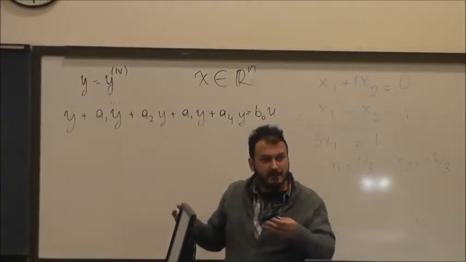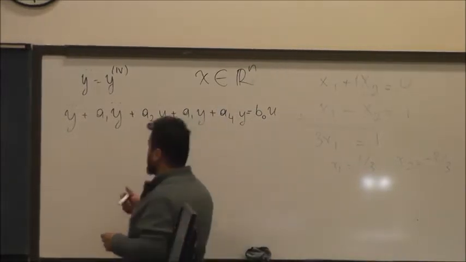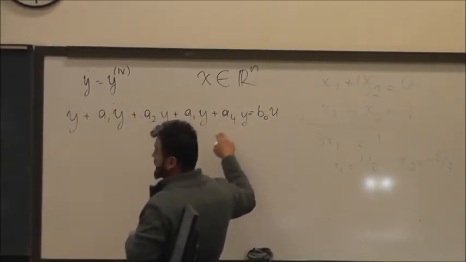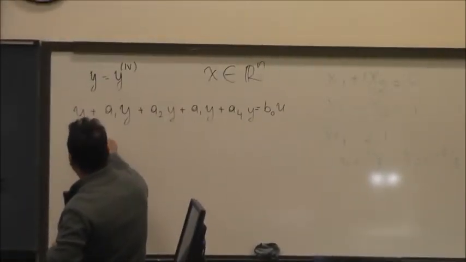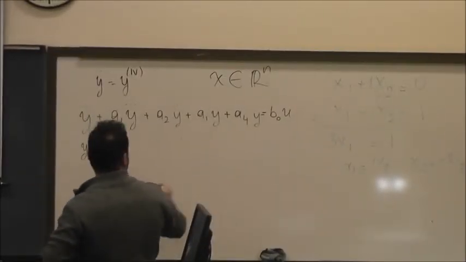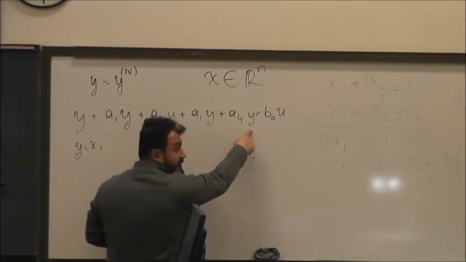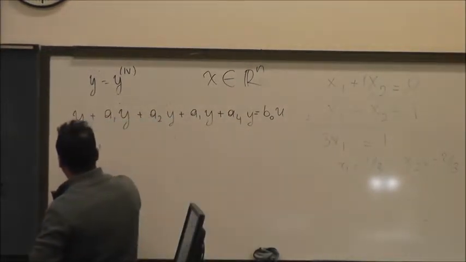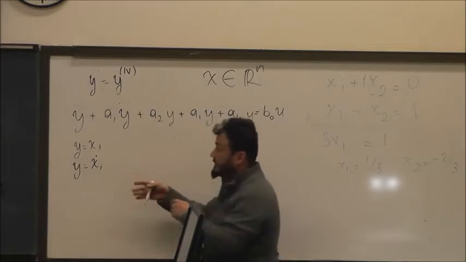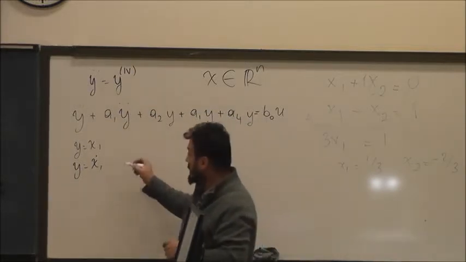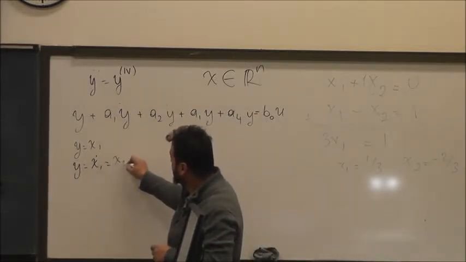Simply, I'm giving another name, starting with the lowest order. y equals x1. And then I have y dot, right? So y dot equals x1 dot, and I'm picking x1 dot as x2. I don't want to deal with the derivative of x1.